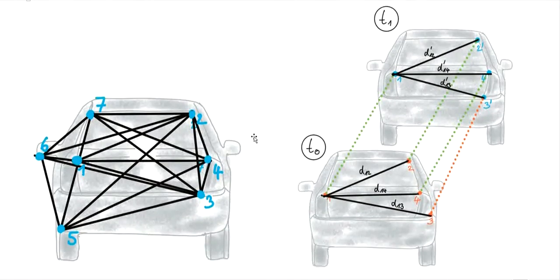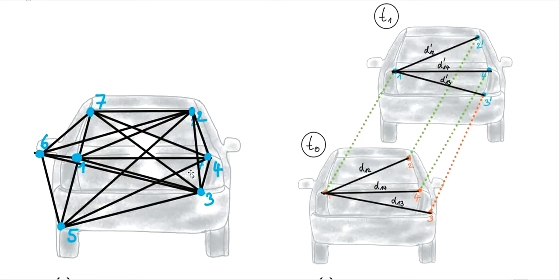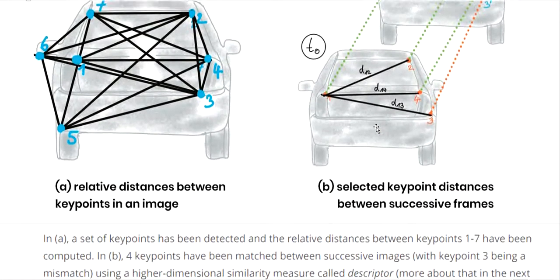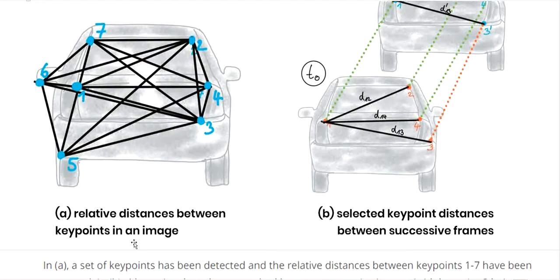Right now, we find the key points, the features, on the image region right here. And we compare the ratio of distances between the two successive frames at time t0 and t1. Here is the relative distance between the key points in the image from 1 to 7.